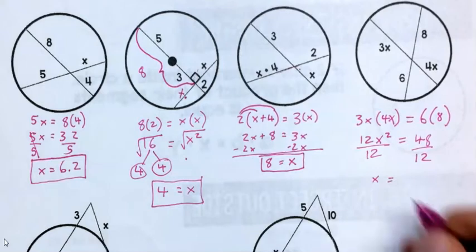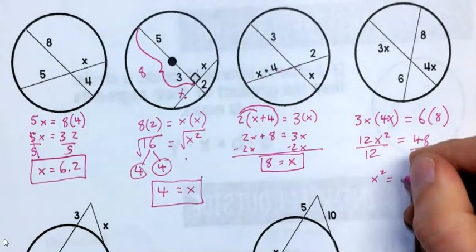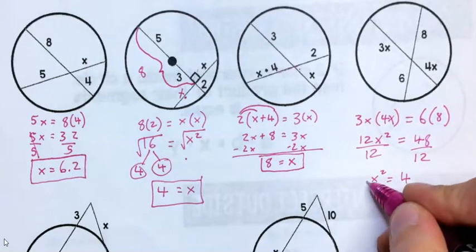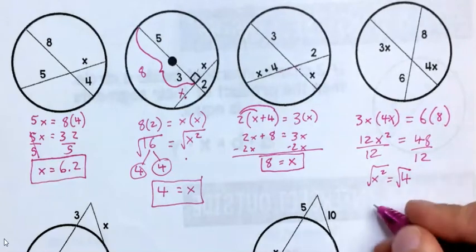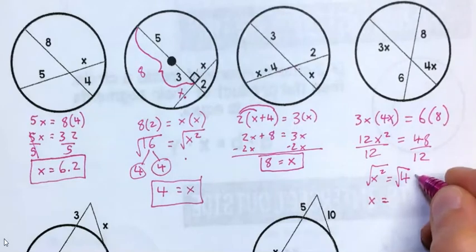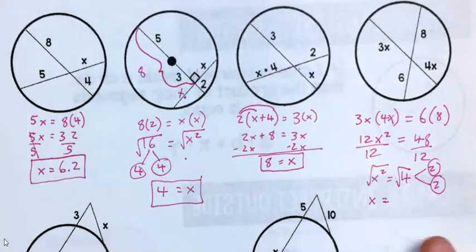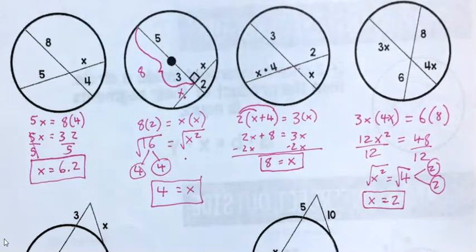I get X squared is equal to 4. Then take the square root on both sides so that I have X instead of X squared. The square root of 4 can be split into 2 times 2, and those 2's both come outside the box. So X is equal to 2. Those are those types of problems.